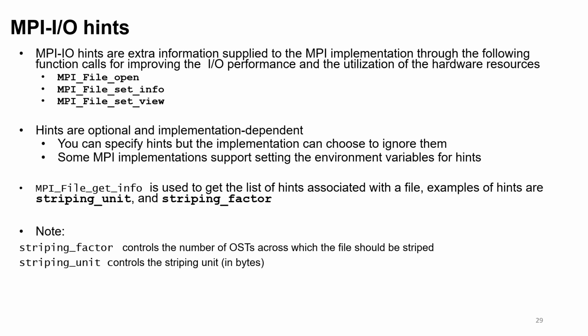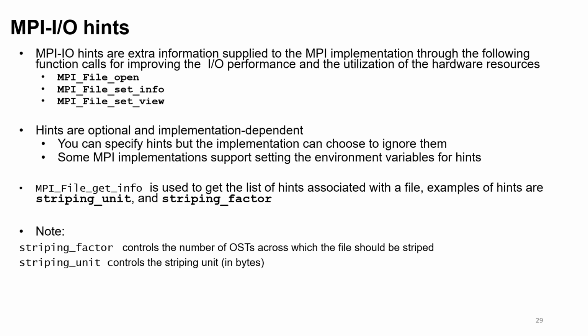Providing hints can enable an implementation to deliver increased I/O performance or to minimize the use of system resources. Please note that you can specify hints, but the implementation can choose to ignore them. Some MPI implementations support setting environment variables for hints as well.